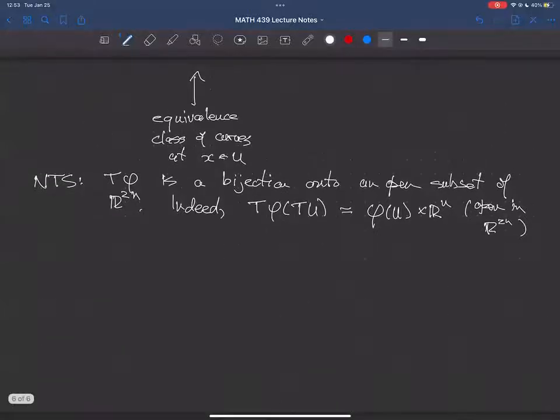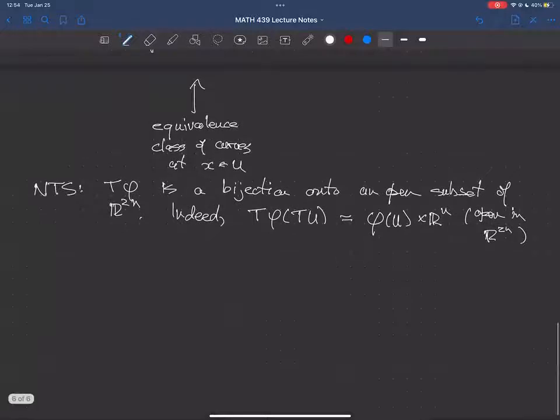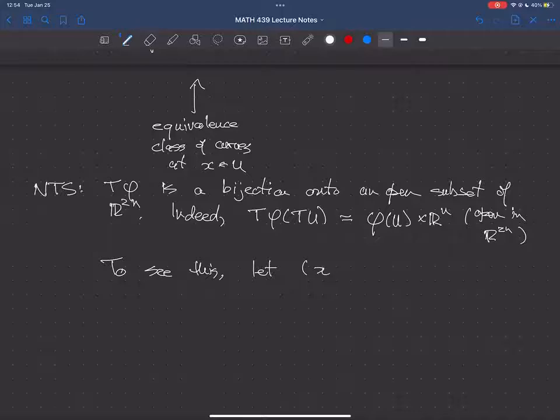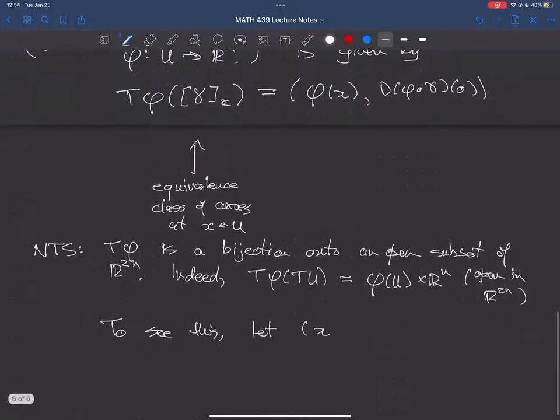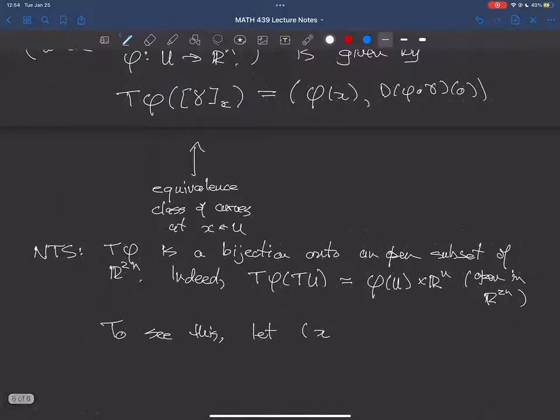Okay, now why is that? All right. So to see this, let x. Okay, so if I were using my LaTeX word processing program to write this, I would write x for points in the manifold, and I would write bold symbol x for points in Euclidean space, for vectors.